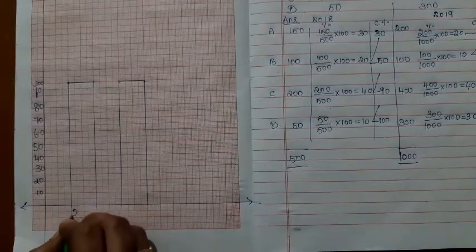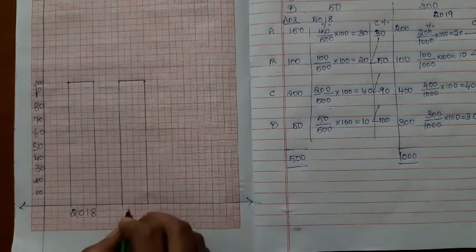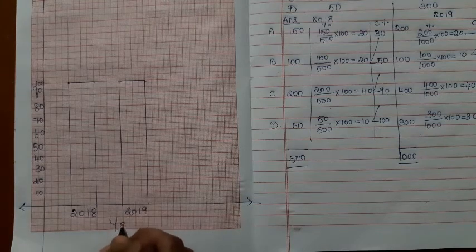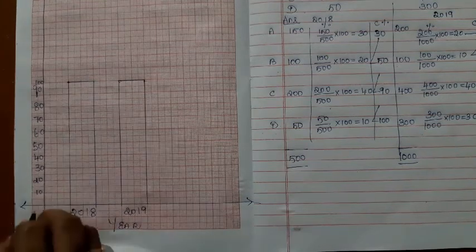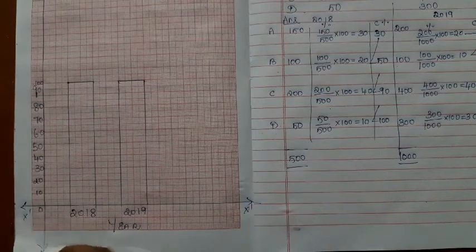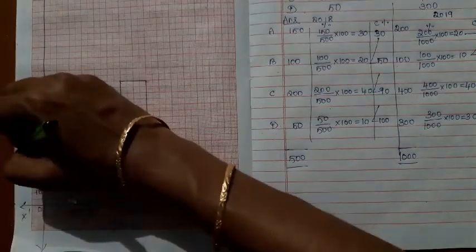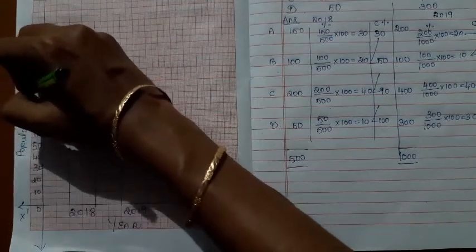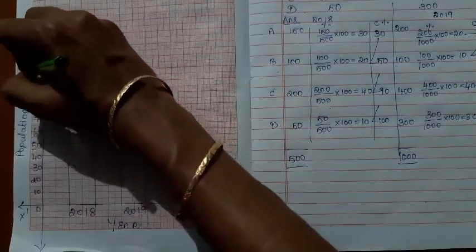So this is my bar for the year 2018, and this is for 2019, and year is represented on x-axis. What is represented on y-axis? Your population. But the absolute value of the population is not represented in percentage.